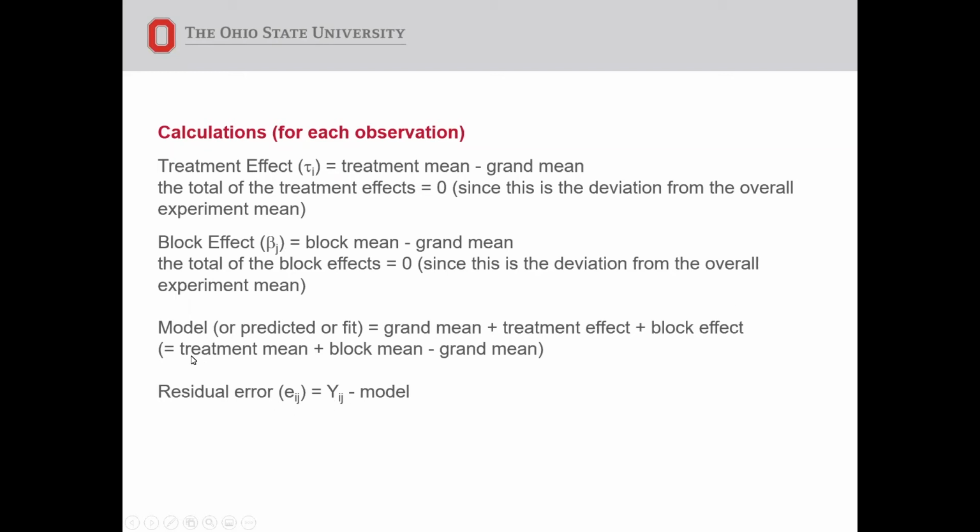Mathematically, this can be calculated as the treatment mean plus the block mean minus the grand mean. Computationally, these two options are the same. Finally, we will calculate the residual error, which is the individual value itself, the Yij value, the yield in this case for the ith treatment in the jth block, minus the modeled value.